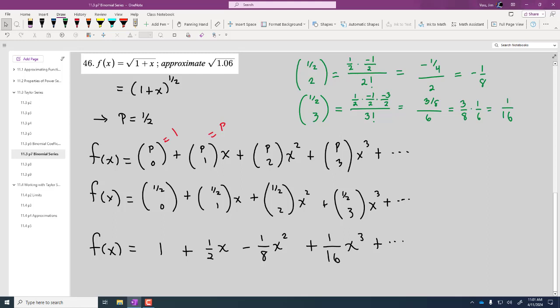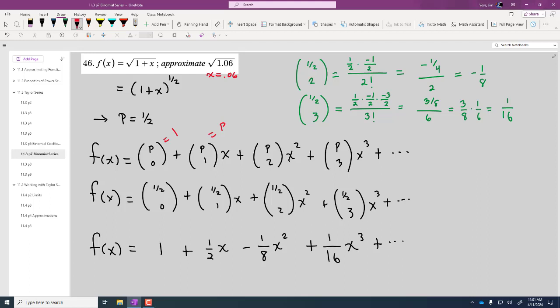Next, it says approximate the square root of 1.06. My first question is, what is x going to be up here? 0.06. Correct. We plug in 0.06 for x, because this is 1 plus x, so x is the difference from 1.